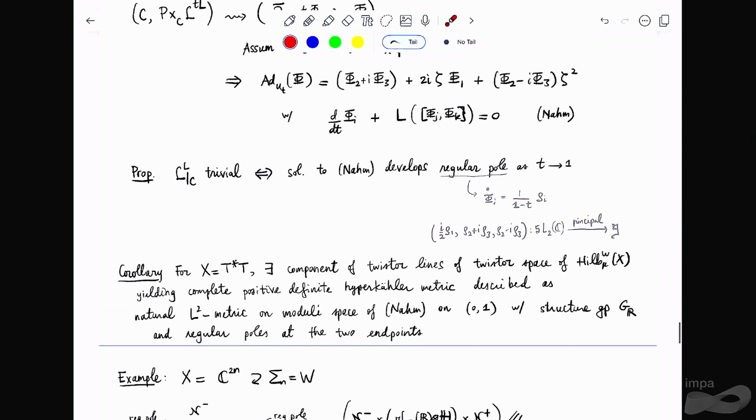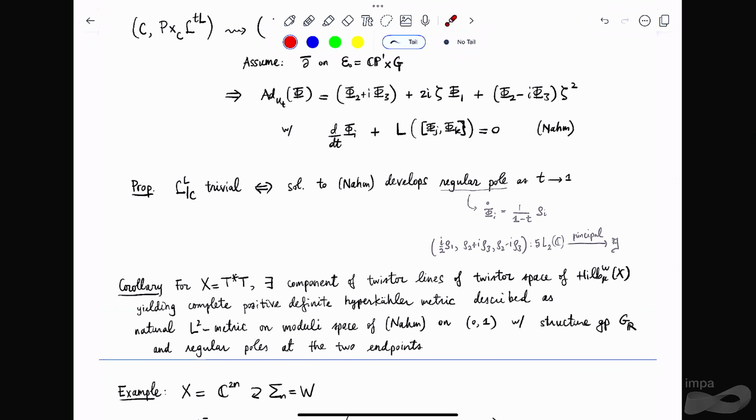For example, just to end on a positive note, if you start with the simplest hypertoric variety, just this flat T*T, then you can make everything explicit, and you end up identifying this transverse Hilbert scheme, which was this universal centralizer of the group, with the moduli space of Nahm equations on the interval, with structure group the compact group associated with G, and regular poles at the two endpoints.